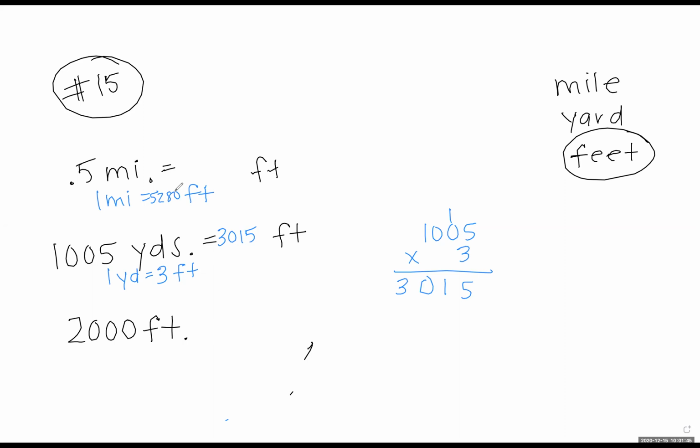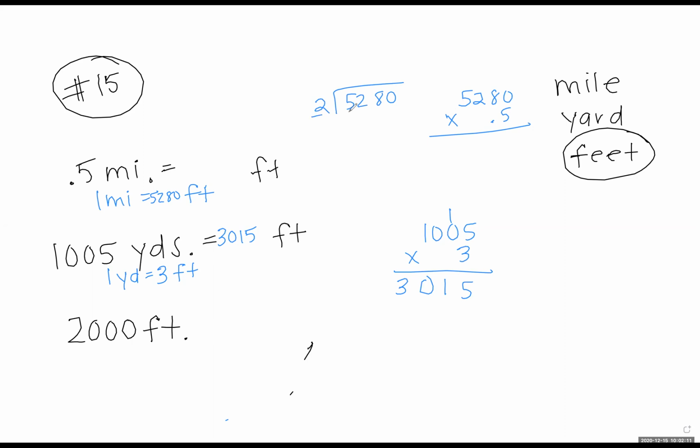Well, I don't need to know how much is in a mile. I just need a half mile. So there's actually 2 different ways you could do this. You could think of it as 5,280 feet divided by 2, because a half is half. So you'd be splitting that 1 mile into half. Or you could do 5,280 and multiply by that half.